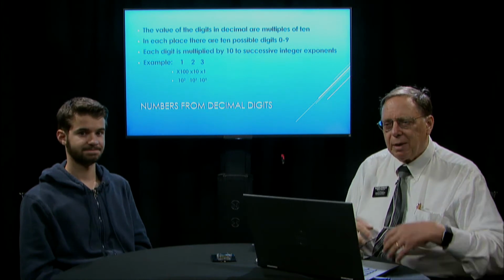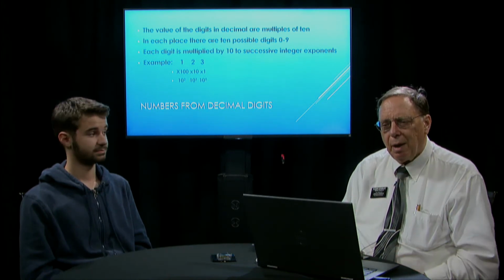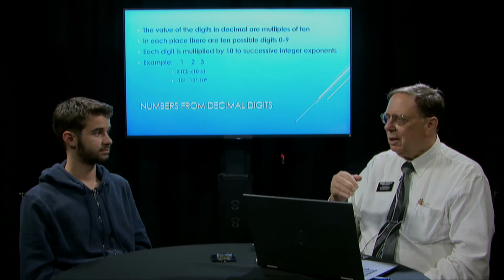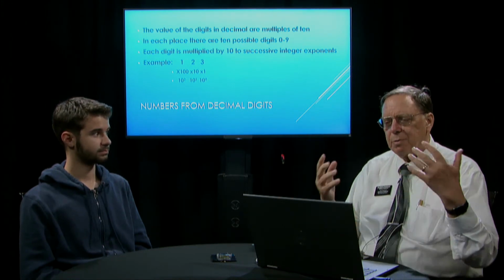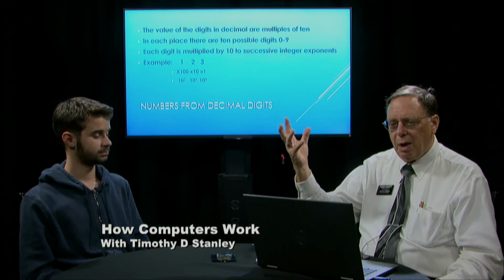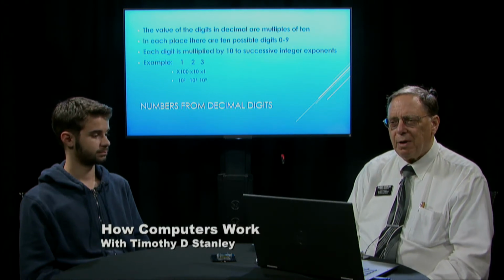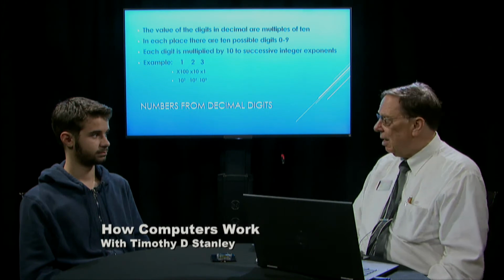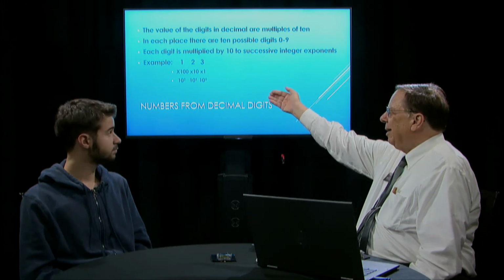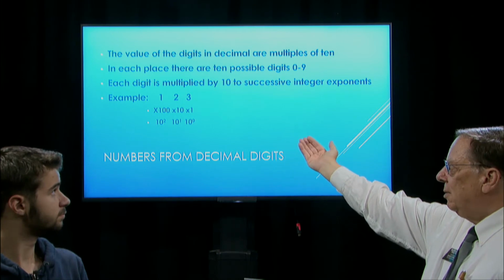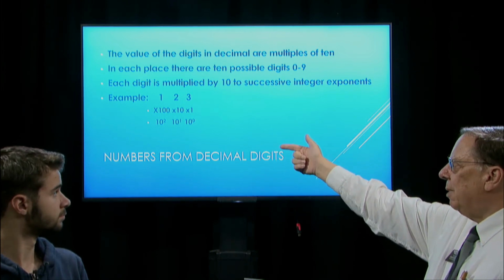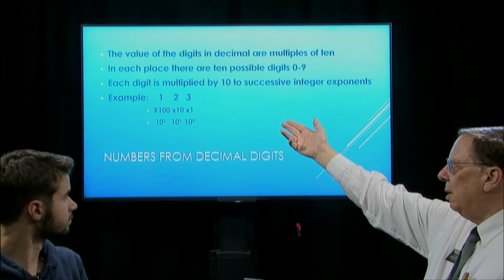When we make numbers in binary, we're using digits that are 0 or 1, unlike decimal where we have digits 0 through 9. When we have a number in decimal, we multiply each digit by 10 to some power. The rightmost digit is multiplied by 10 to the 0 power, which is 1.